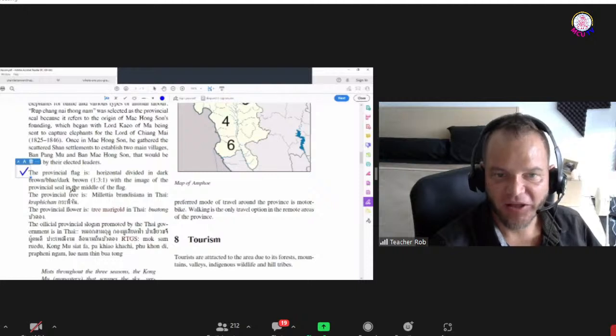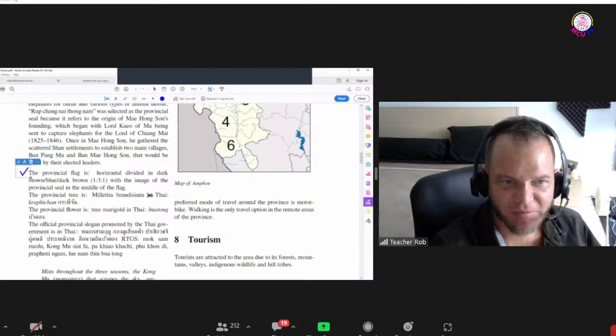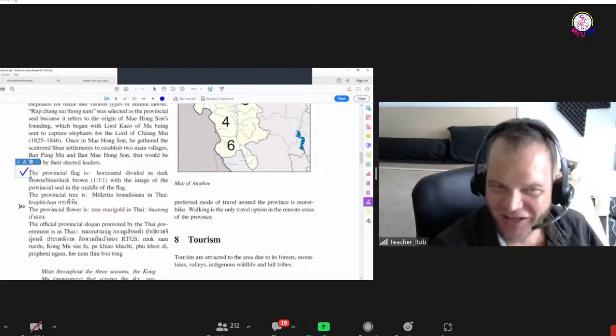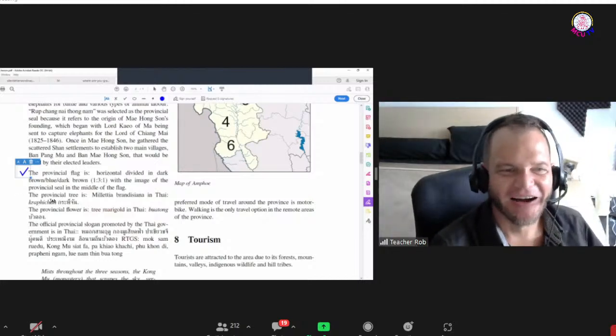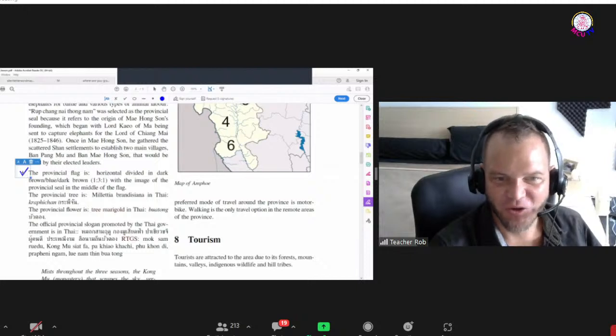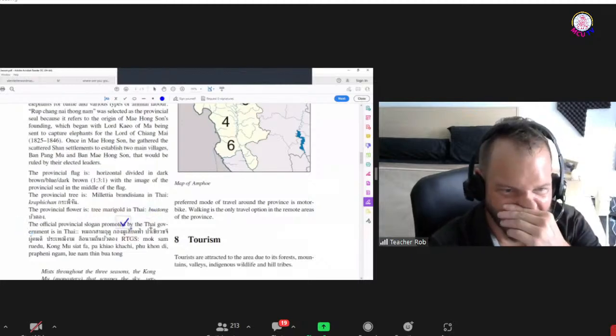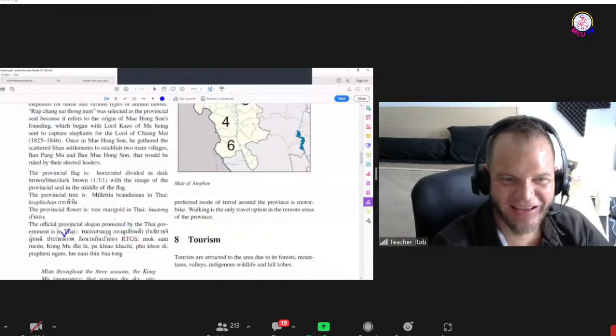The provincial tree is Malaysia brandisiana, in Thai, Kapichan maybe is how you say that. The provincial flower, tree marigold, in Thai, buatong. The official provincial slogan promoted by the Thai government is in Thai. I'm going to try to read this.